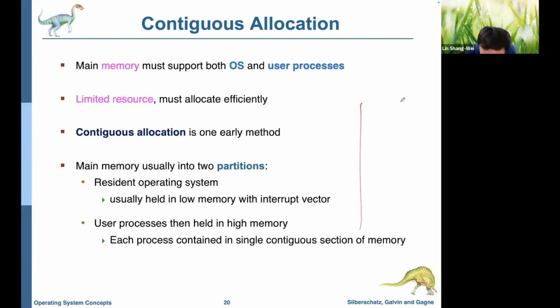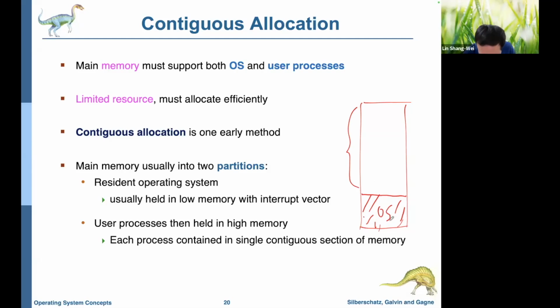This is your memory, and it needs to be shared by the OS and user processes. Usually we allocate the low region to the OS, and the rest can be shared by user processes.